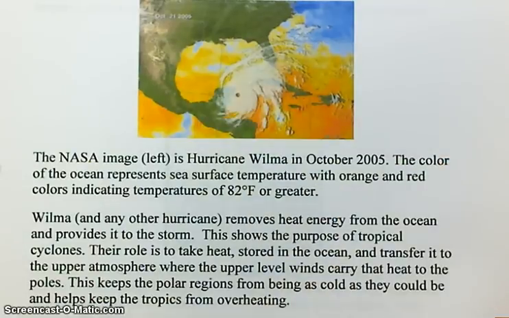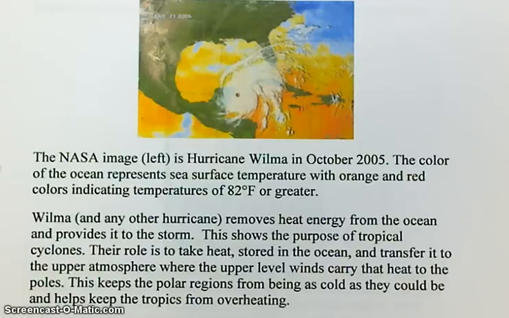Okay. Wilma, as well as any other hurricane, removes heat energy from the ocean to provide it to the storm. This shows the purpose of tropical cyclones. Their role is to take heat, which is stored in the ocean, and transfer it to the upper atmosphere, where the upper level winds can carry the heat to the poles. Okay? This keeps the polar regions from being as cold as they could be and keeps the tropics from overheating.